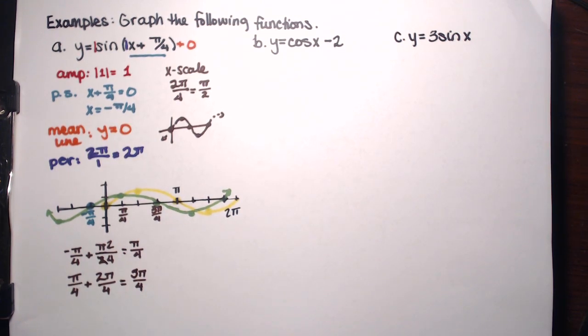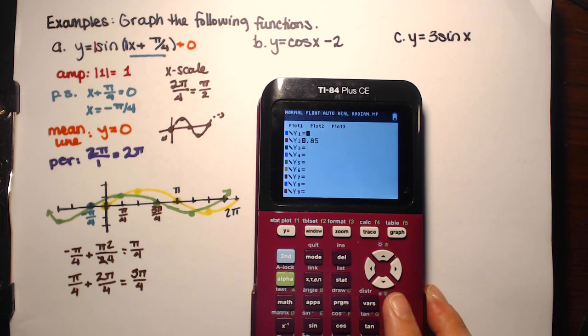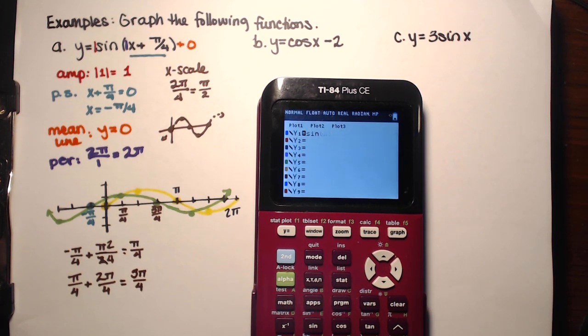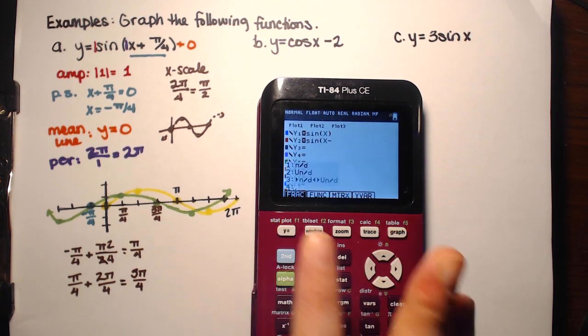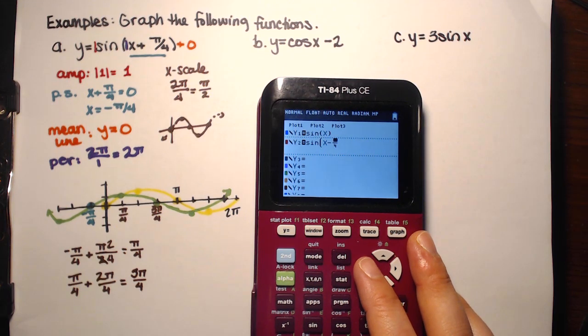We can also do a graphing calculator of this. So I'm going to do y equals. We'll do just the very basic parent function. And then we had sine of x plus pi fourths.